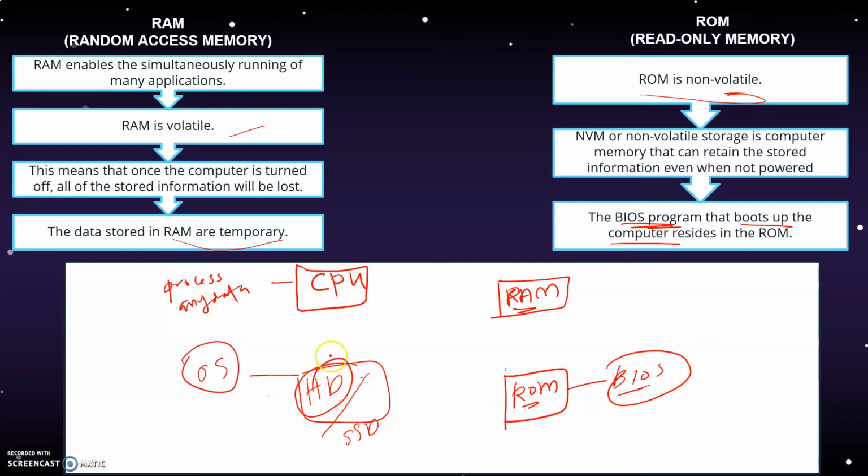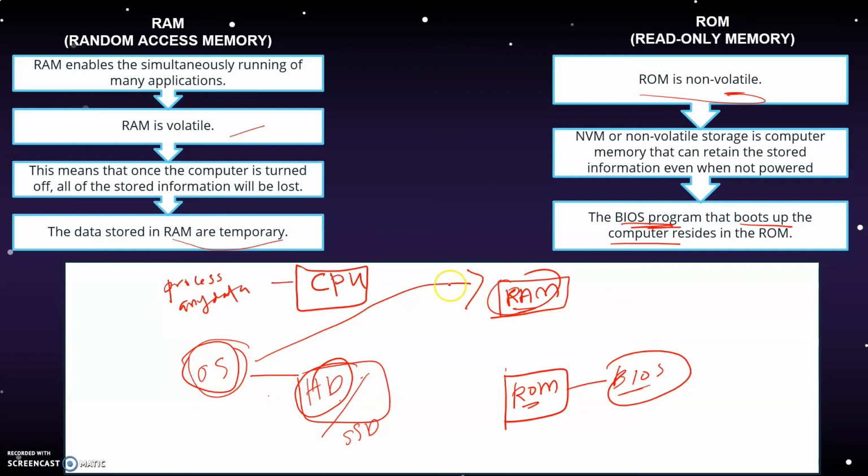In order for this to work, it needs to run on your RAM as well, because RAM allows your computer to process things. Whenever you want the OS to be executed, it needs to be stored inside the RAM.